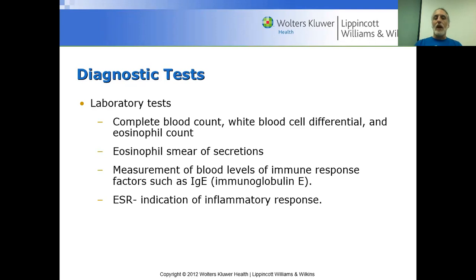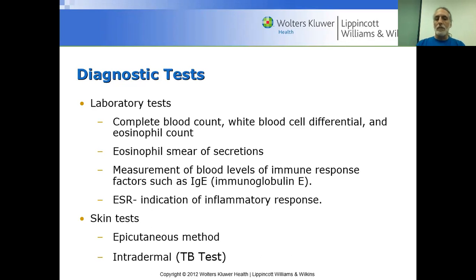So blood levels of immunoglobulins and the ESR, which is the erythrocyte sedimentation rate. When your ESR is increased, it indicates inflammation. And as you may recall, I have a little bit of a fixation for inflammation because it plays such a big part in all of the things that we treat.